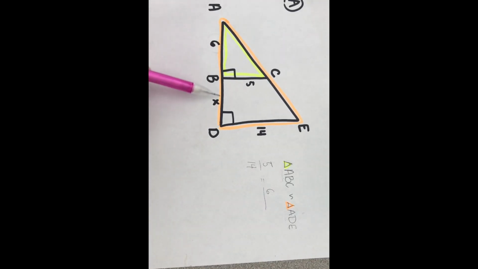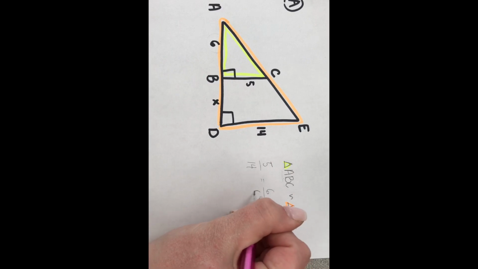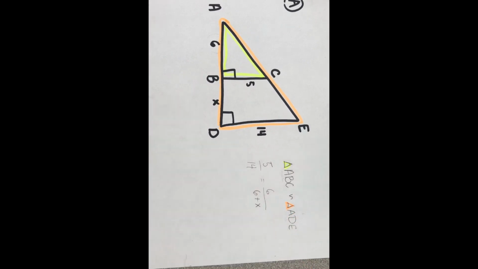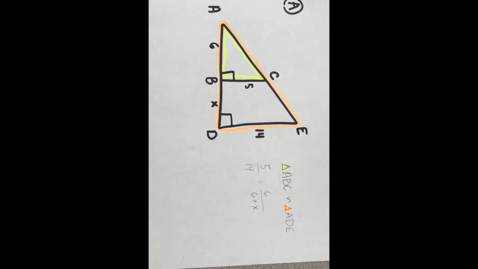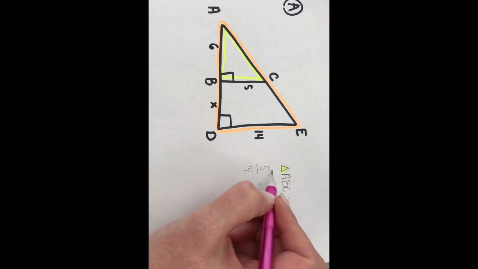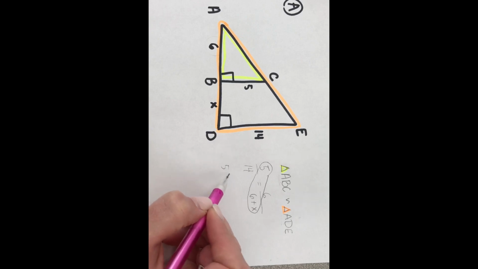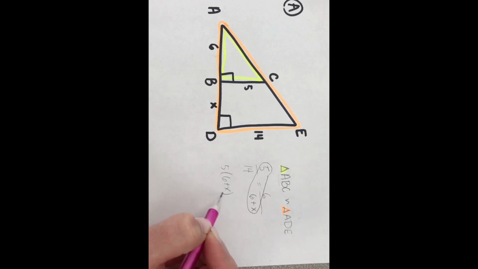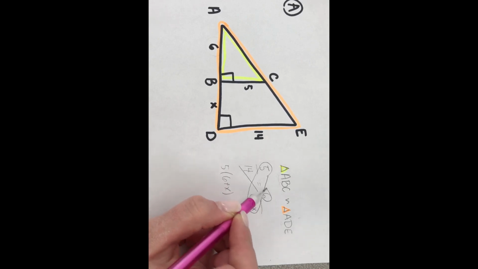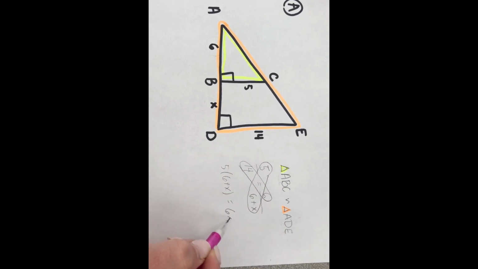This bottom length is the piece that's 6 and the piece that's x. So I need to combine both of those in the bottom here. Now to solve a ratio, we have to cross multiply. So 5 times (6 plus x) equals 6 times 14.